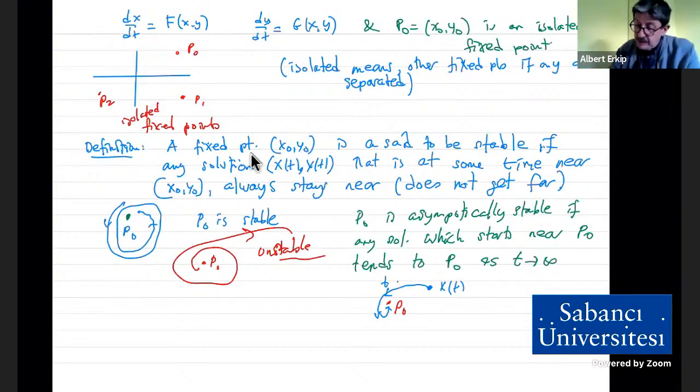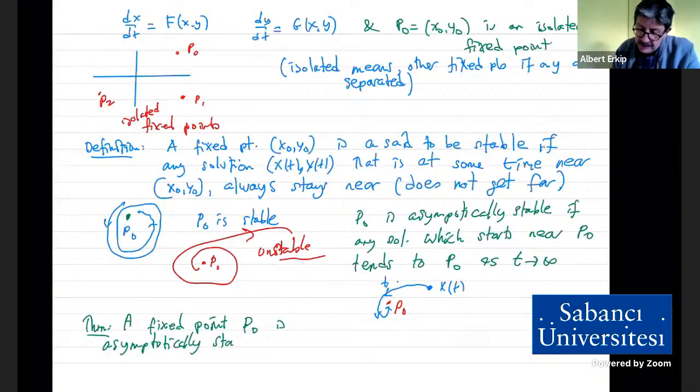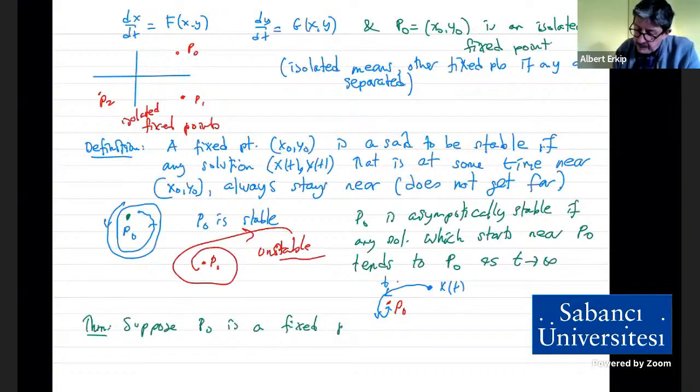Now, there is a theorem which says the following. Suppose P0 is a fixed point of the system.